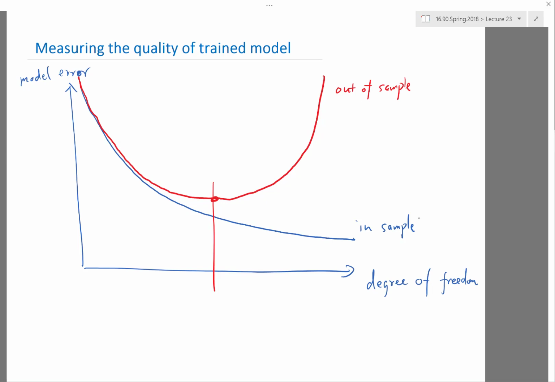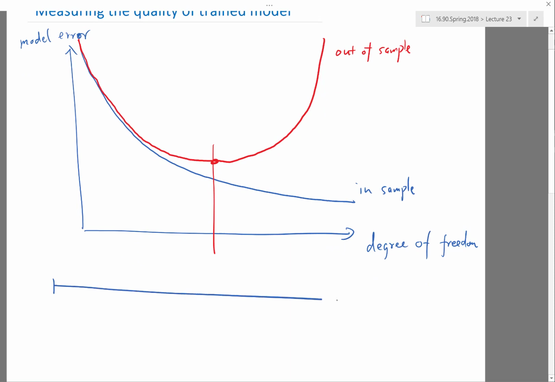And by the way, the most regular practice is to split the entire data into three categories. This is the final test set that you would never see until the very end of your process, to just give one final number on how good your model is. After you see that number, you are not allowed to come back and tune your model again.